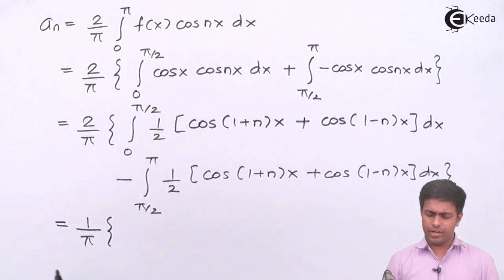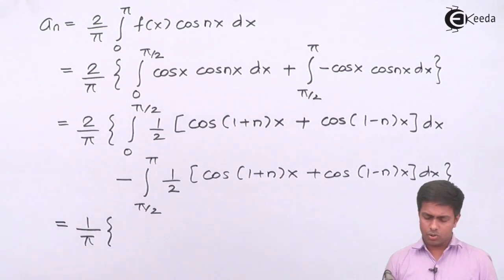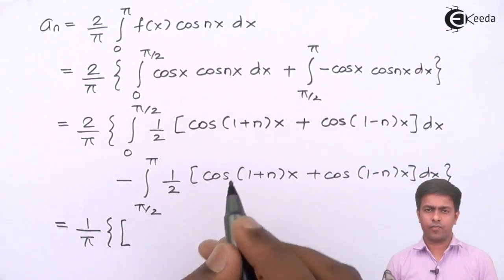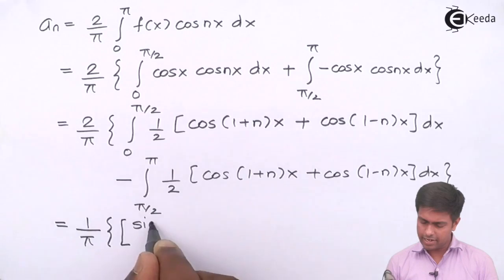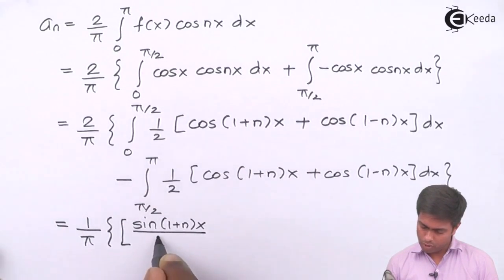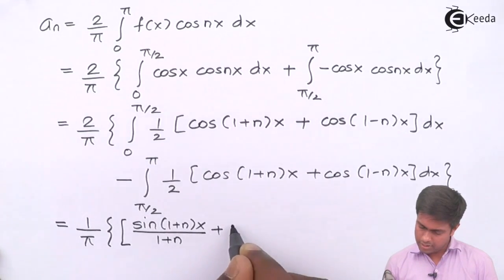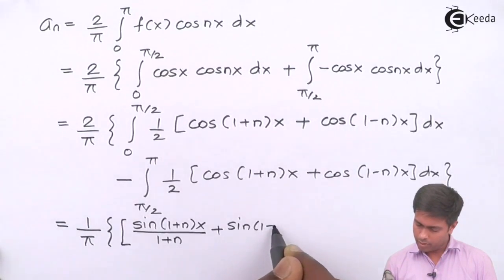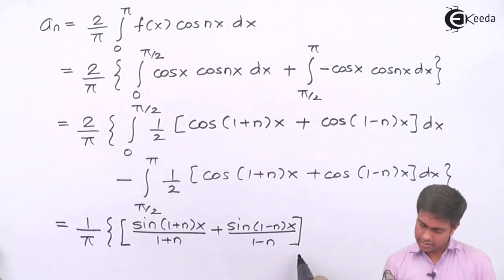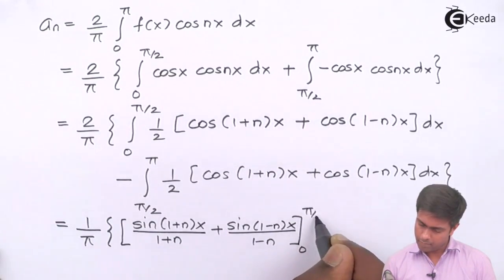Now let's evaluate the integration. Here we will get the first value as integration of cos, that is sine of 1 plus n into x upon 1 plus n, plus sine of 1 minus n into x upon 1 minus n, from 0 to pi by 2.